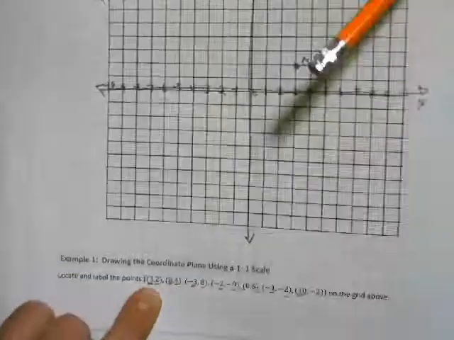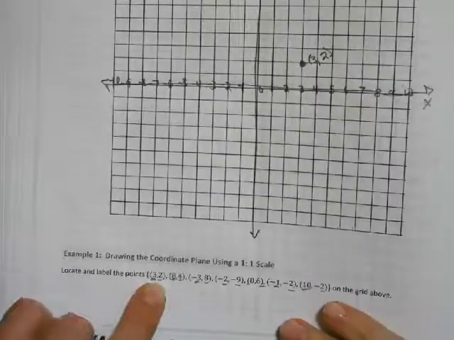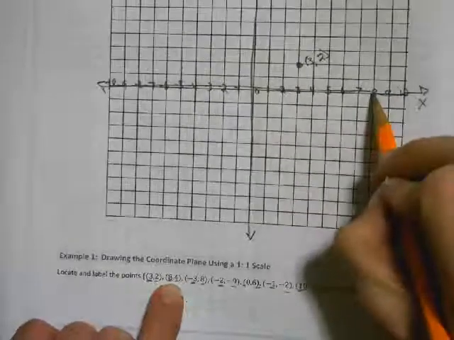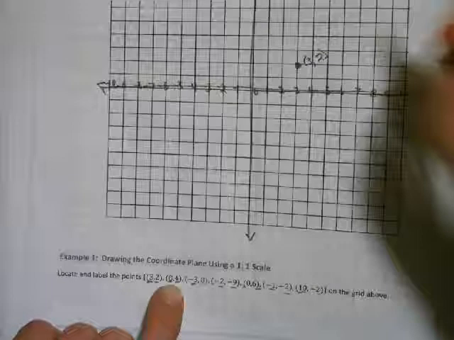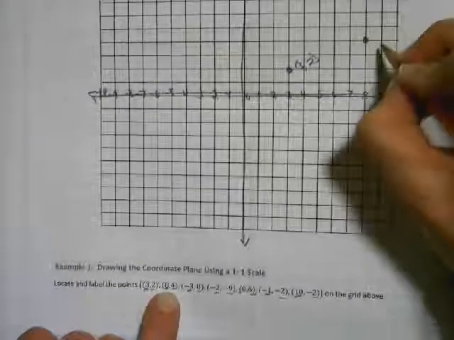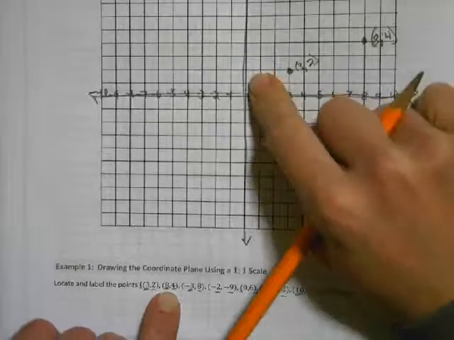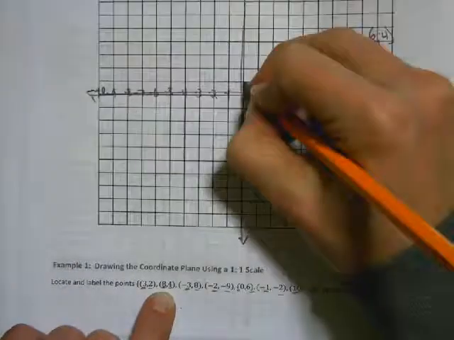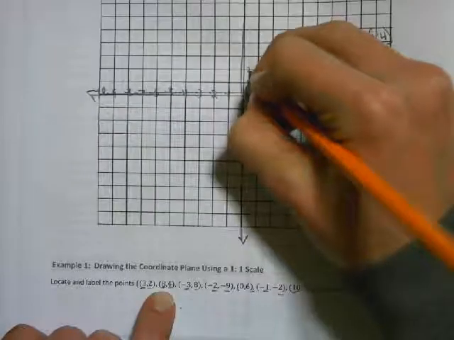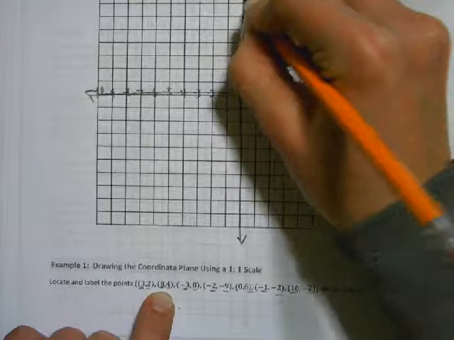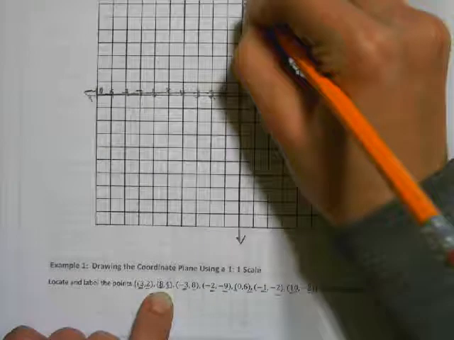And I'm going to put the numbers there so I remember it. The next one is 8, 4. So I go over to 8 and I go up 1, 2, 3, 4. Now, you have the freedom to put your numbers on all of them. I just feel like it takes extra time. So that's 1, 2, 3, 4, 5, 6, 7, 8, 9.